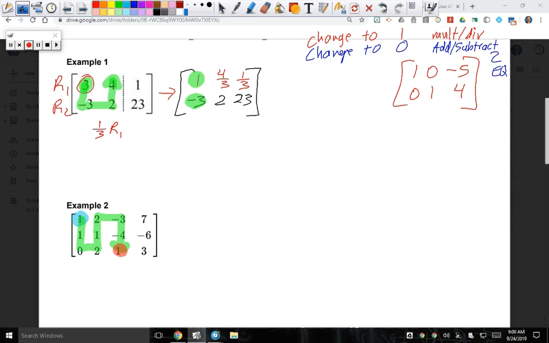For instance, watch what I'm about to do. I want to make this negative 3 into a 0. I can't multiply by 0. I need to change something to 0 by adding or subtracting other equations. So what I'm going to do is take row 1, which is 1, 4/3 and 1/3, and multiply it by 3.